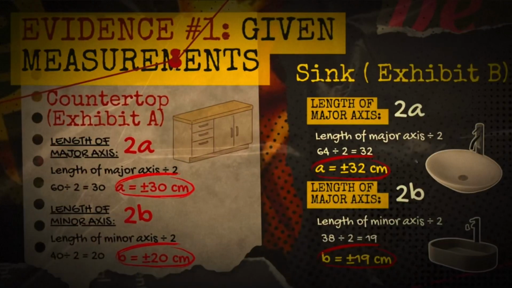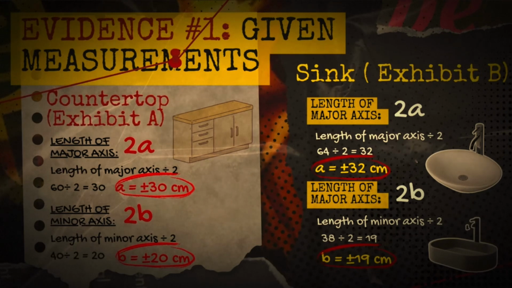Here's evidence piece number 1, the given measurements. The shop gave full dimensions, like the 60 by 40 of the countertop and the 64 by 38 centimeter dimensions of the sink. To put this into the formula, we divide by 2. Now we have a and b for both ellipses, and we can write their equations.